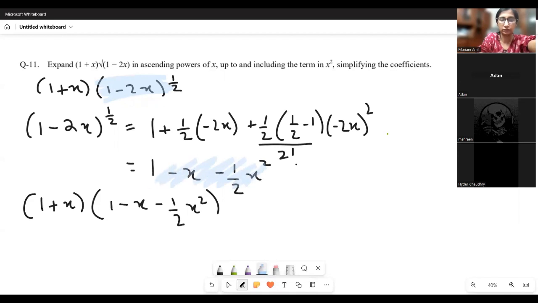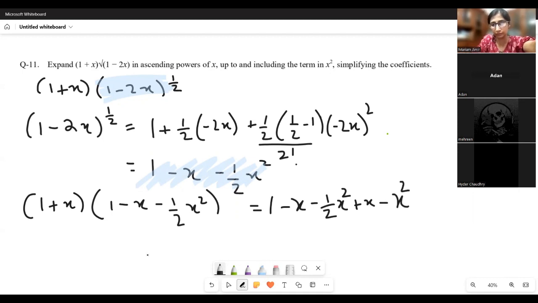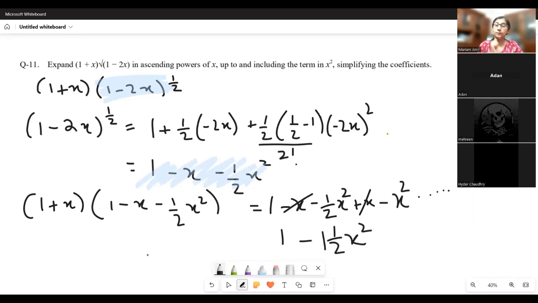Now expand this till x squared term. So 1 and 1 gets multiplied, we get 1. Then minus x, then minus half x squared, then plus x, then minus x squared. And the next term will be cube term, which we don't need. So we have 1. X terms get eliminated and we have minus 1.5 x squared, or you may write it as 3 by 2x squared.